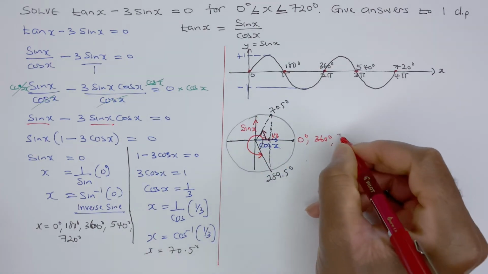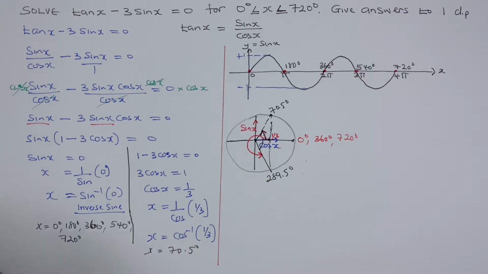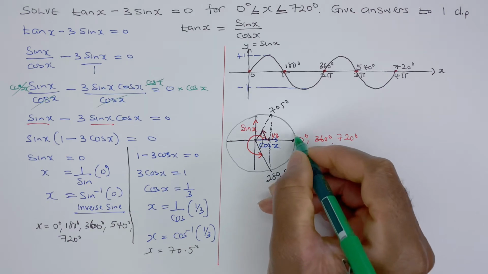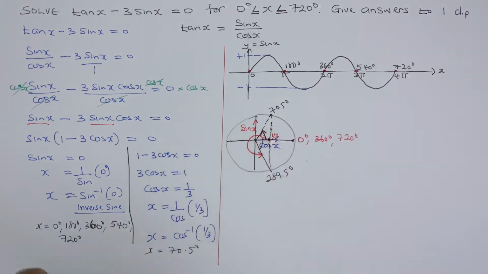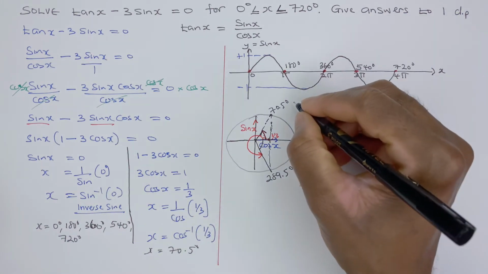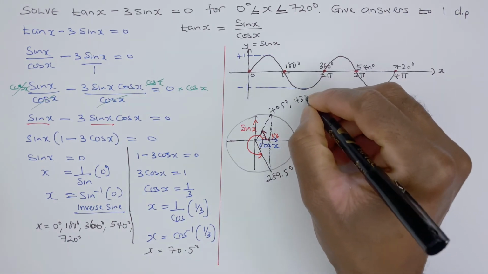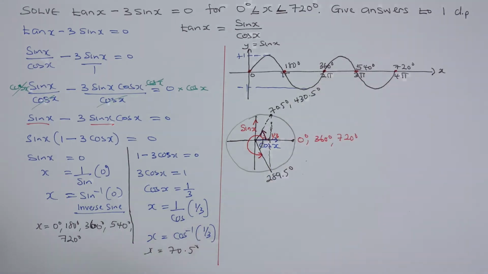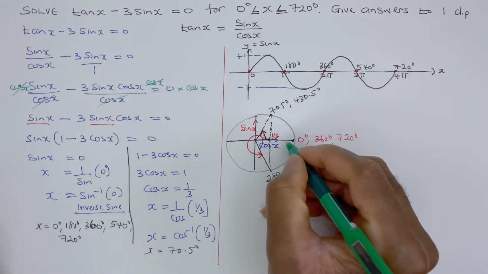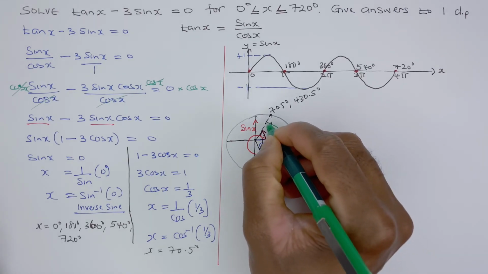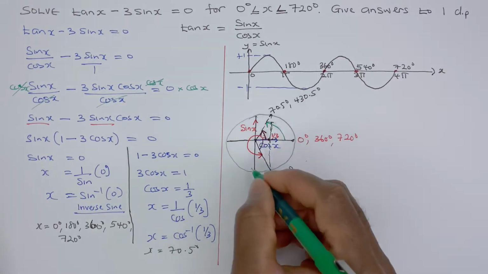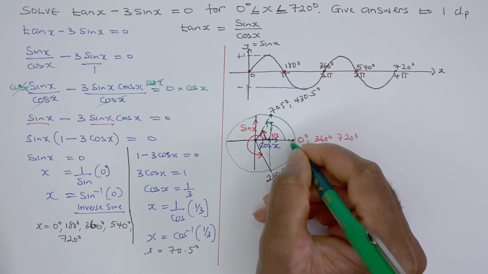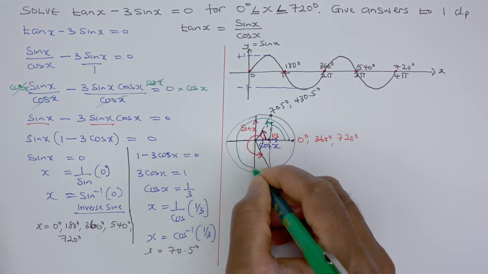So I then need to start again from 360 plus 70.5. 360 plus 70.5 should give 430.5 degrees. So that's the second round of the journey.